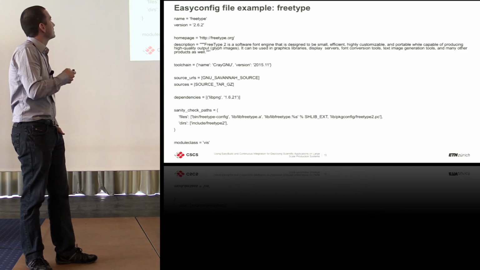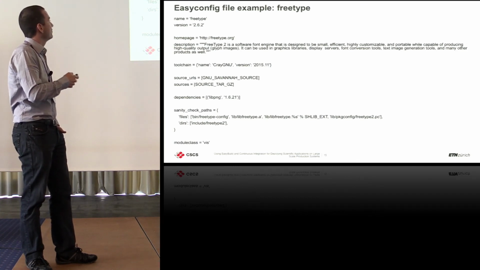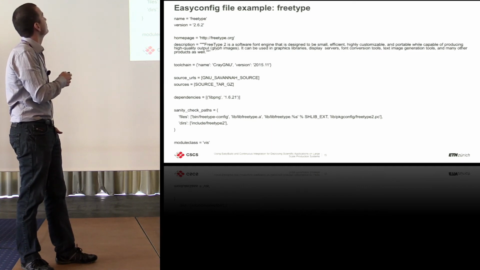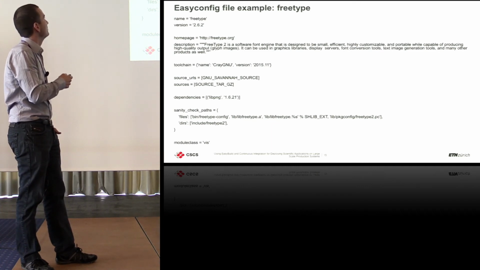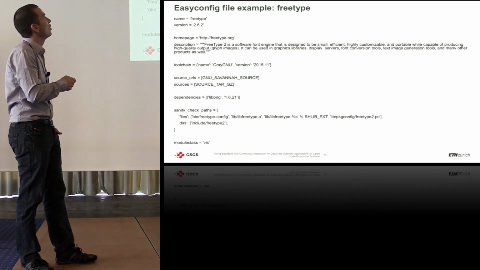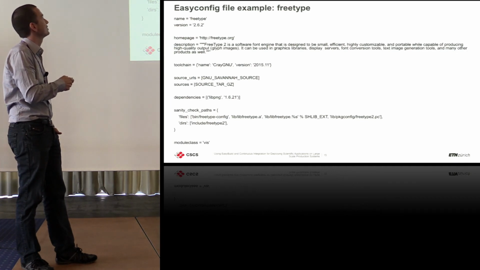So this is an example of one of these easyconfig files. You start with the name of the software, the version, then some metadata, then the toolchain and the version of the toolchain, which will pin the GCC and MPI version, then the sources. For common, popular sources, you have some tags, so you don't need to type the URL here.